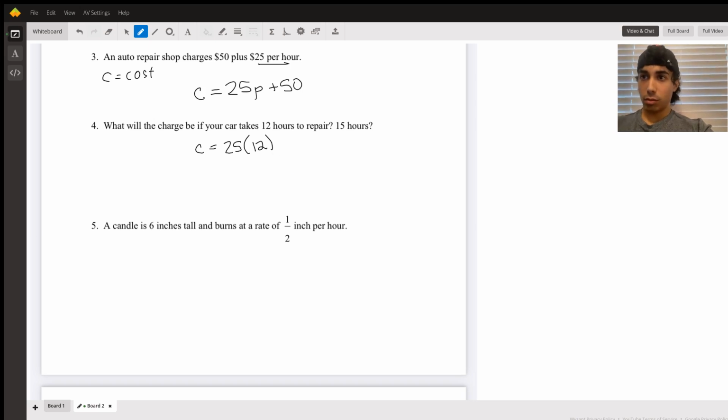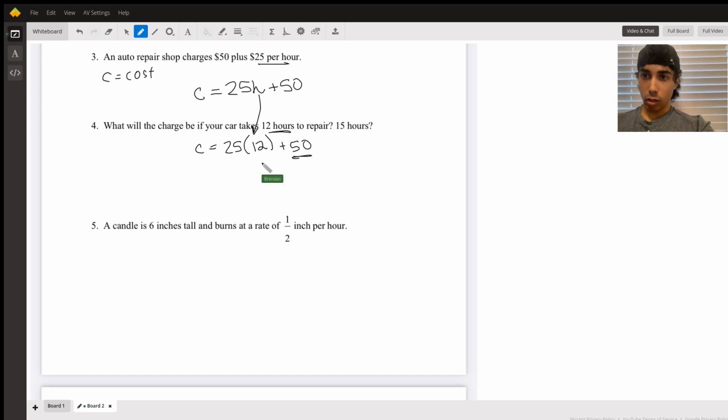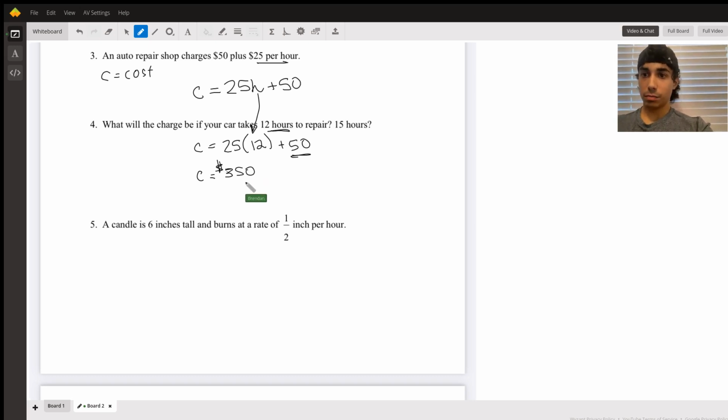Oops, I don't know why I used P. I should probably use H, because this is the number of hours we're talking about. For H, I'm substituting 12 because it's 12 hours. And then don't forget that initial cost of 50 is still there. I only have to pay that $50 once, so that doesn't get multiplied by anything, that just stays there. 25 times 12 is 300 plus 50 is $350.